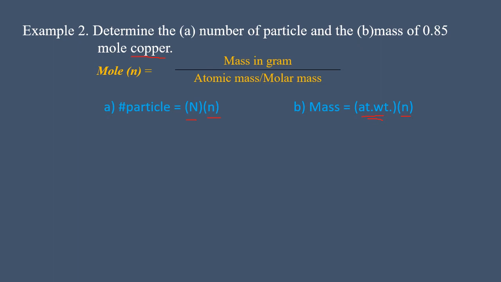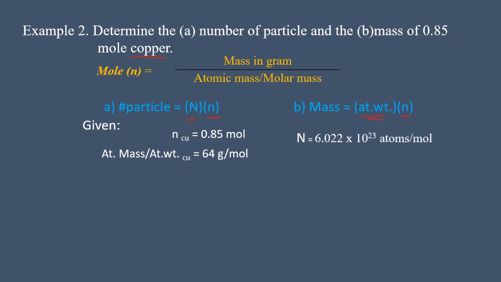Remember that in doing calculations, we always start with the given quantities. The given quantities are, for mole of copper, 0.85 mole. While the atomic mass or atomic weight of copper is equal to 64 gram per mole. 64 gram per mole is taken from the periodic table, the rounded atomic weight of copper.